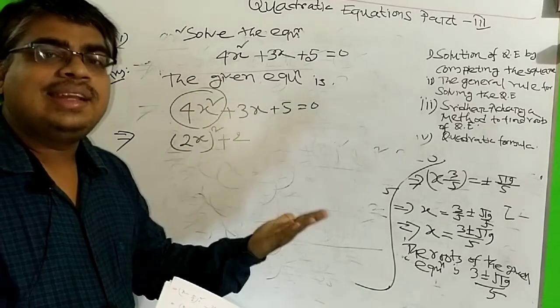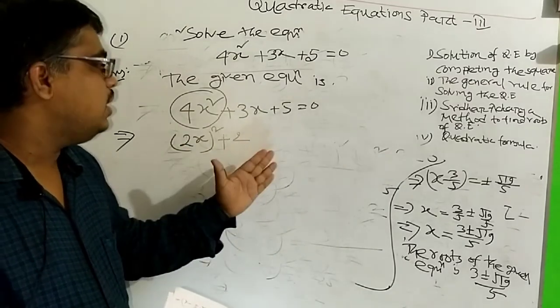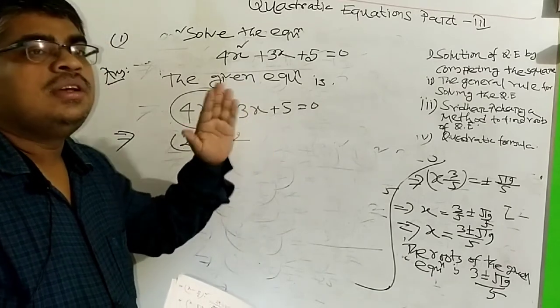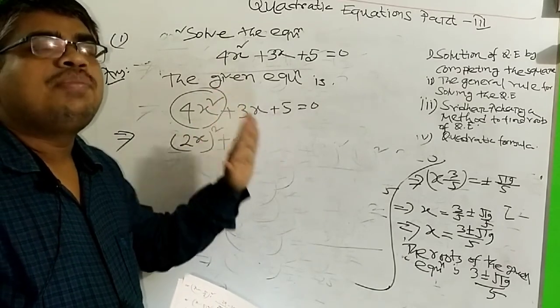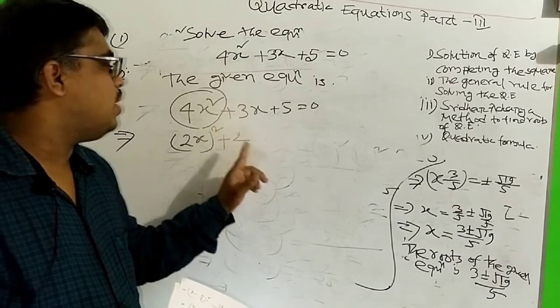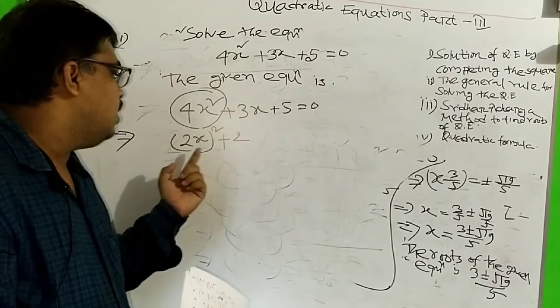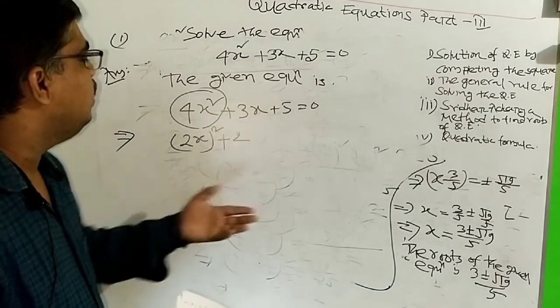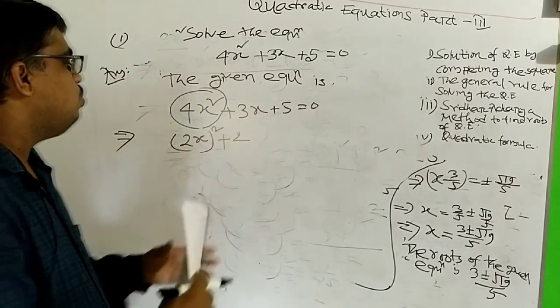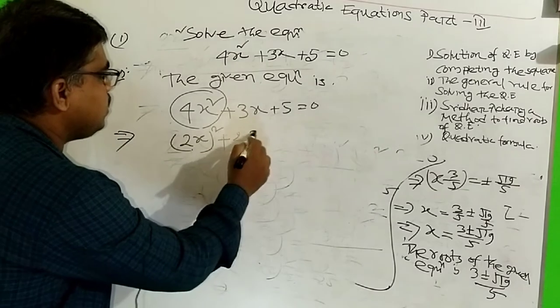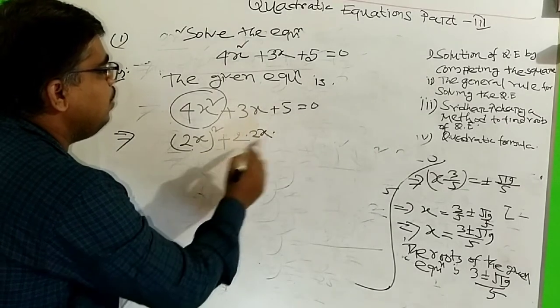It is our intention. So we make the expression in the form of a square plus 2ab, where 2a means 2x into b.